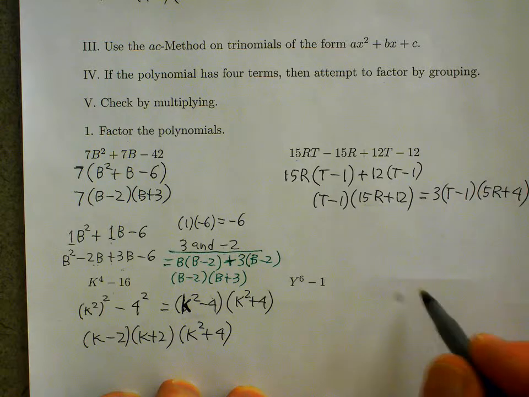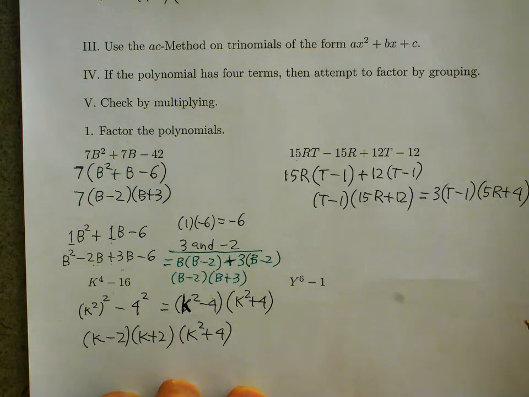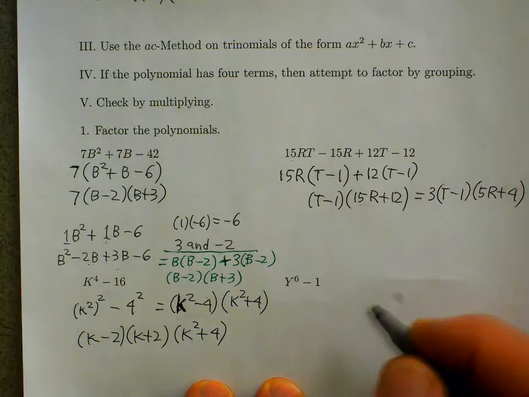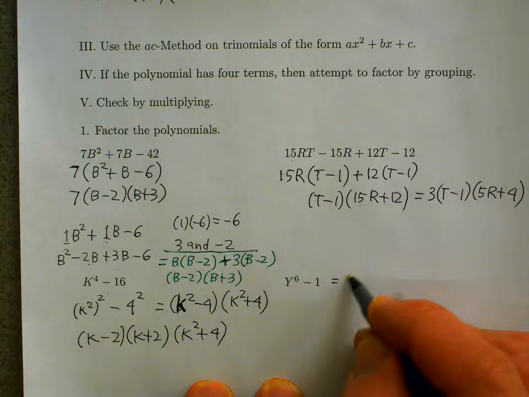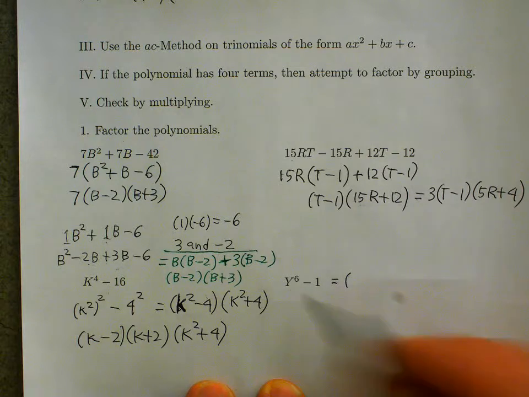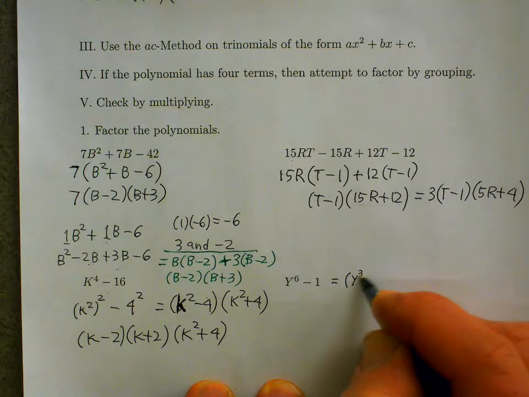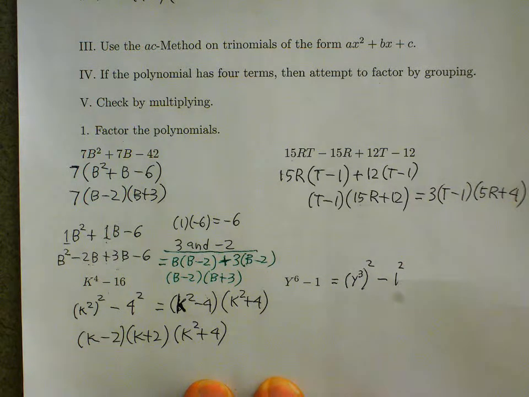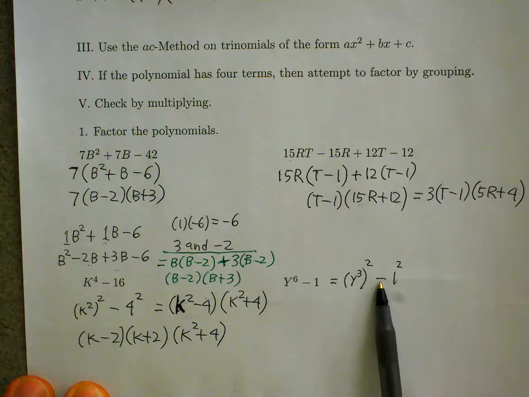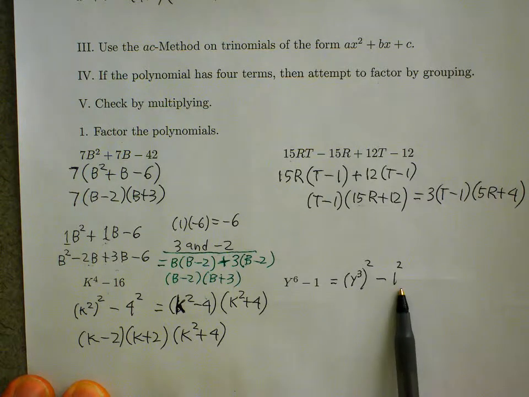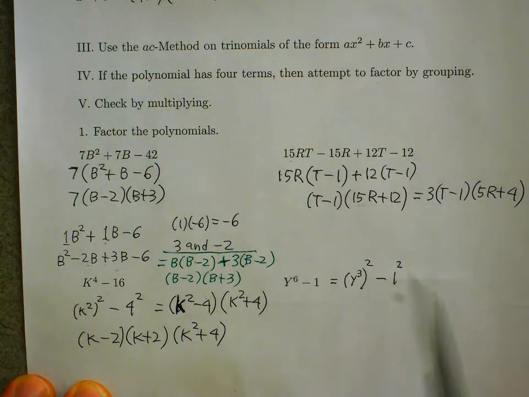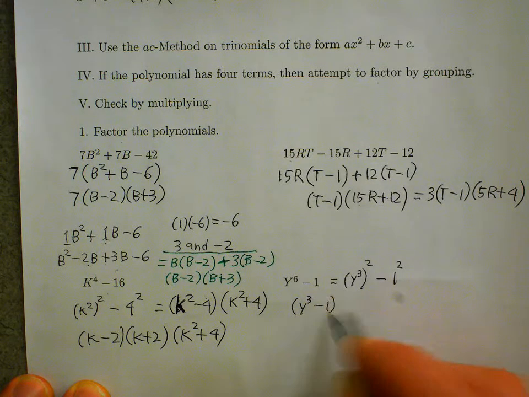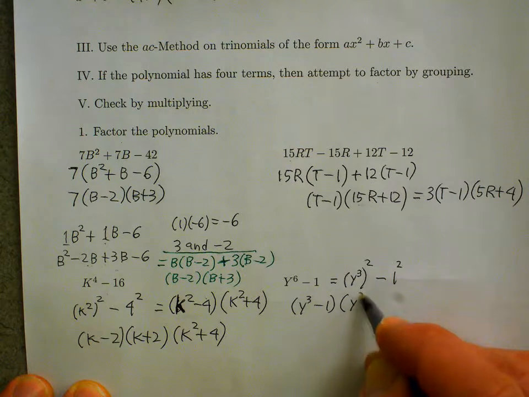So if we interpret it as a difference of squares, then think of y to the sixth as y to the third to the second, and think of 1 as 1 to the second. And then factor the difference of squares. So something squared minus something else squared, one factor is y to the third minus 1. The other factor is y to the third plus 1.